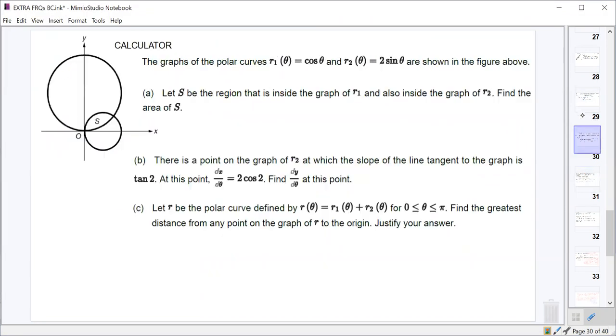So, all right, here we go. Polar area. So we have two curves here. One is cosine theta, which we should know which one that is.